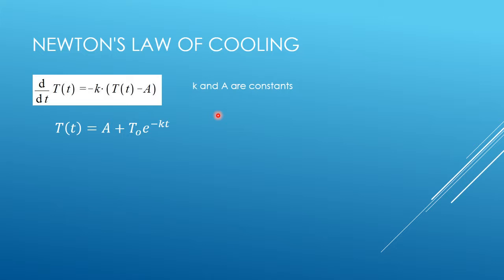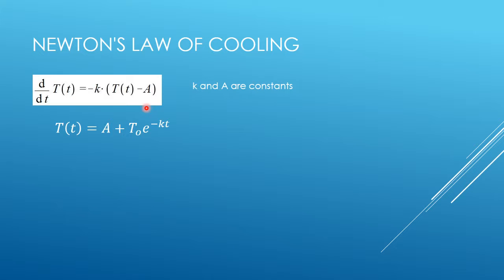Now this predicts the temperature of an object that is being cooled, and the temperature surrounding the object is always this constant A. So a cup of coffee that's cooling off, sitting in a room, or a can of Coke that is warming up. But in this case, if it was warming up, this would be a positive instead of negative. But in this case, it's cooling.